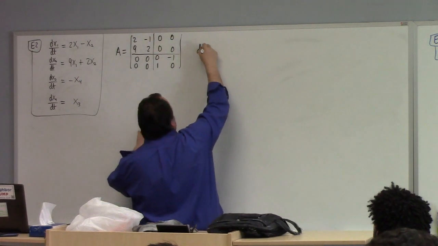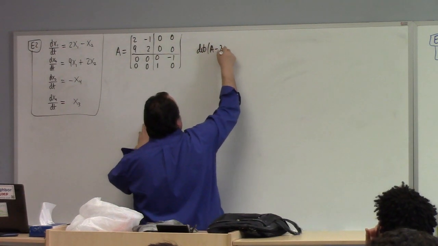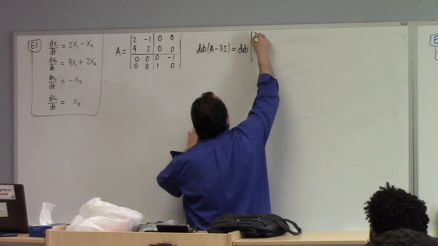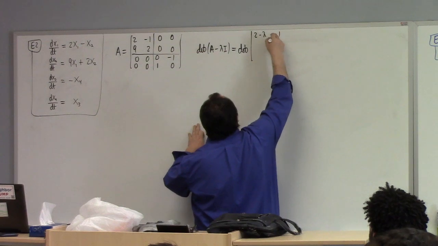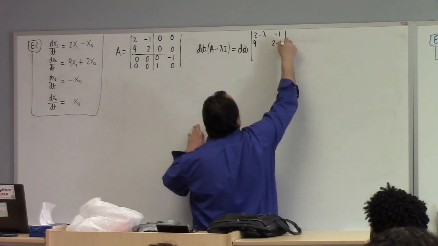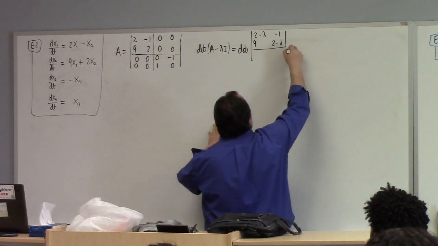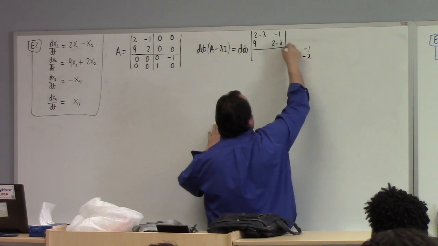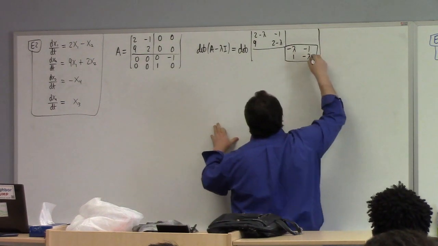So when we look at the determinant of A minus lambda I, we've got the determinant of 2 minus lambda, minus 1, 9, 2 minus lambda, and then down here you got yourself a minus lambda, minus 1, 1, like that. Everything else is 0.